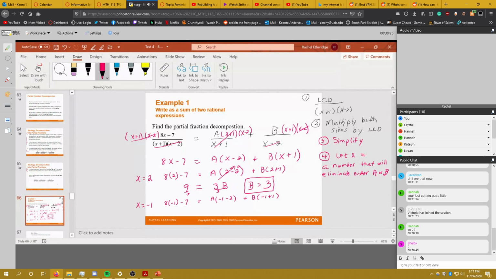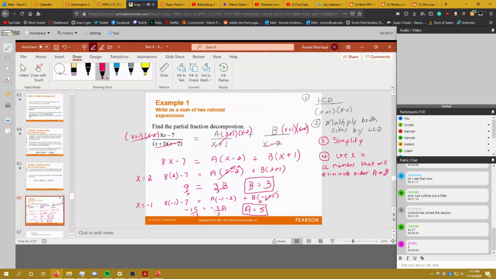So this is going to be -15 over here, and -3A. And this one's going to 0. 0 times B is 0. Divide by -3, and I have A equals 5.